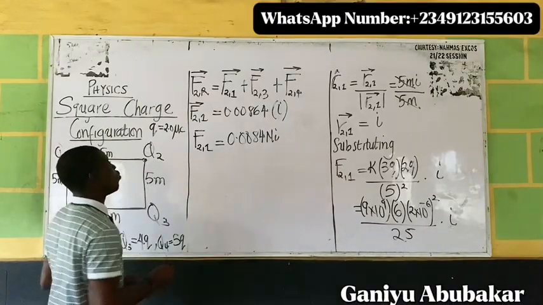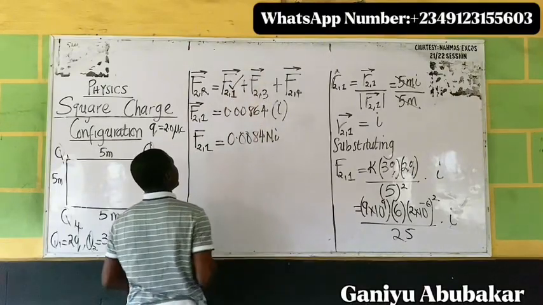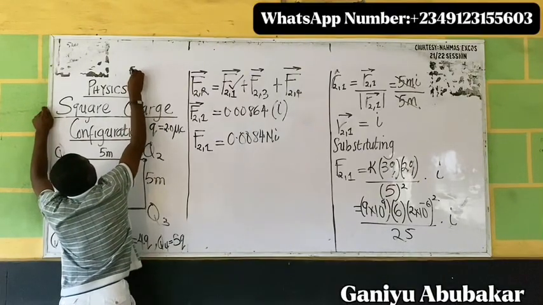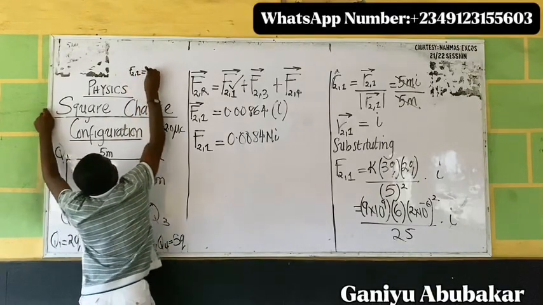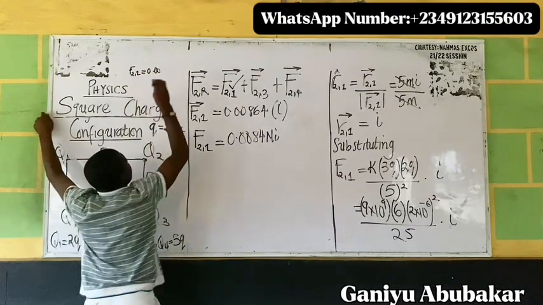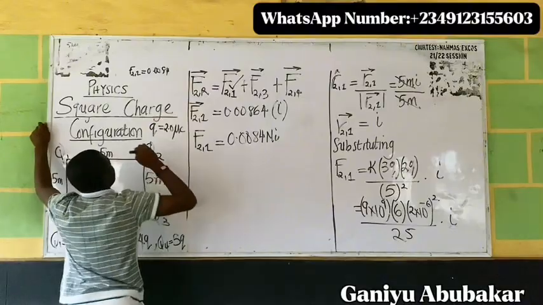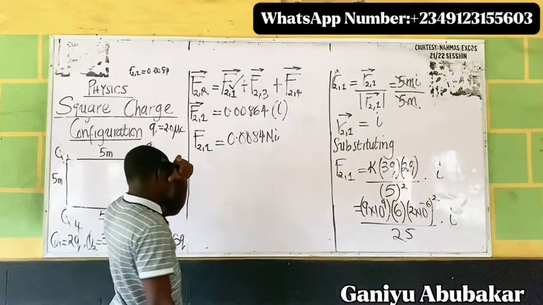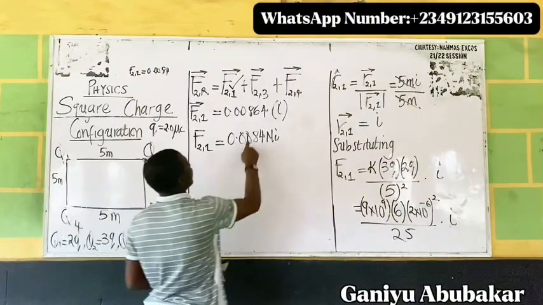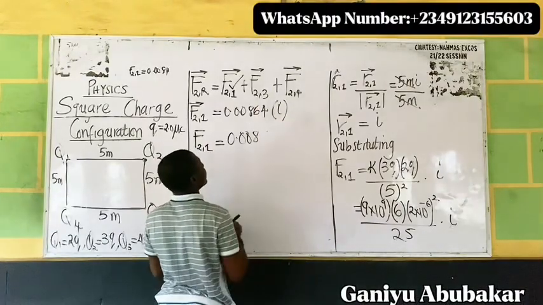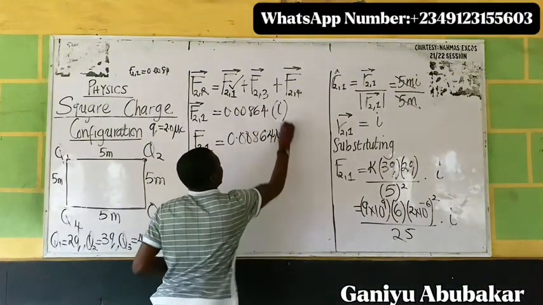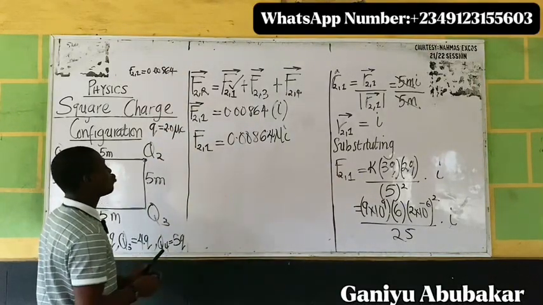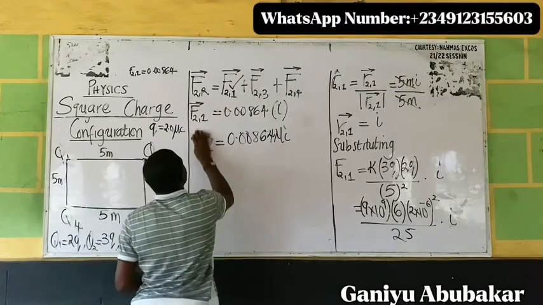So I've gotten the value of F21, F21 done. Let's get F23.